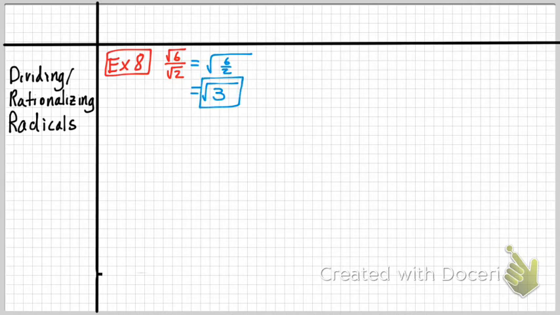We can also do example 9 here. And what this will be is we have 2 square roots of 27, and this is being divided by a square root of 3. And now we want to follow our same steps. You want to divide outside coefficients, if any.